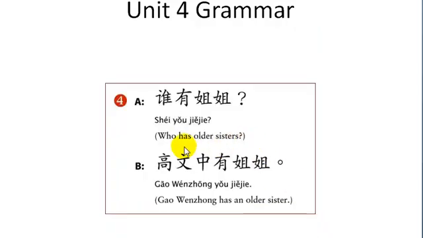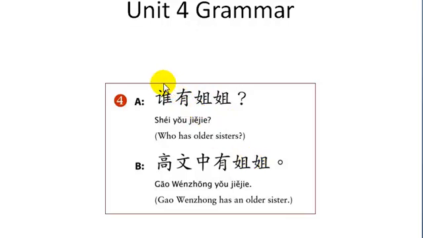Here's another example. There's a group of people and you're asking who has older sisters. Okay? 谁有姐姐? Who has older sisters? 高文中有姐姐. So you see, here's the question word 谁, and then 有姐姐, and you see 有姐姐.